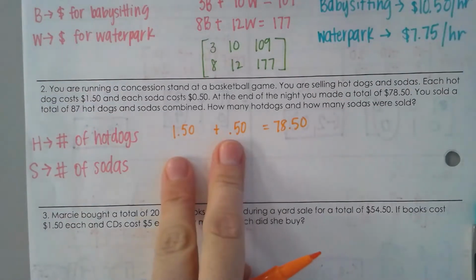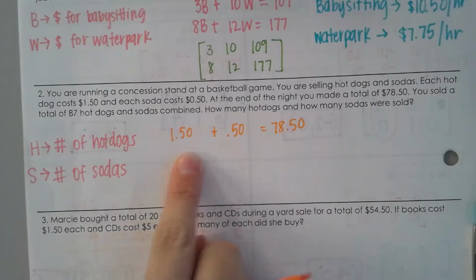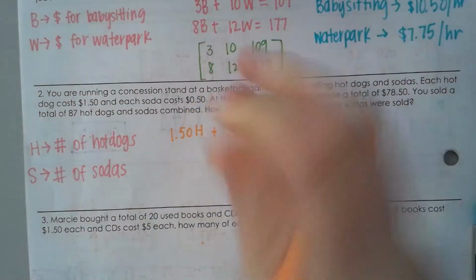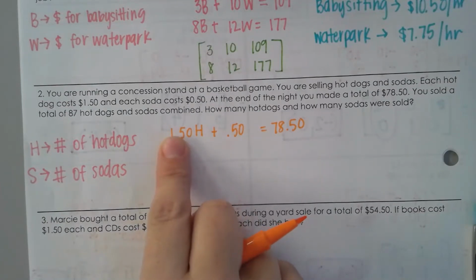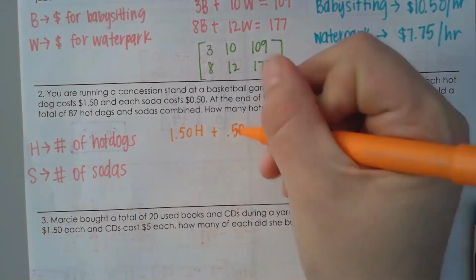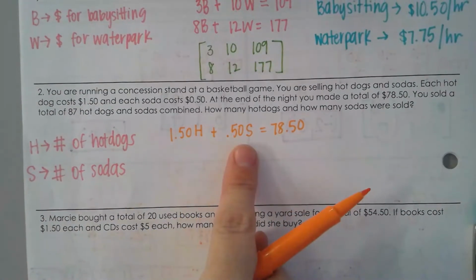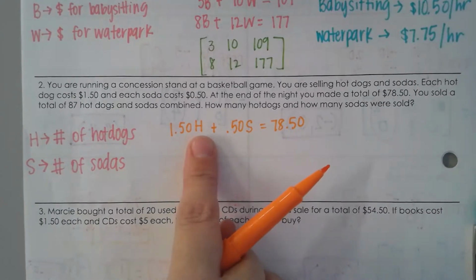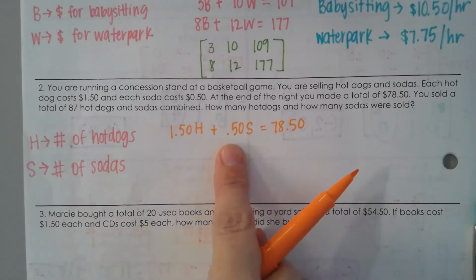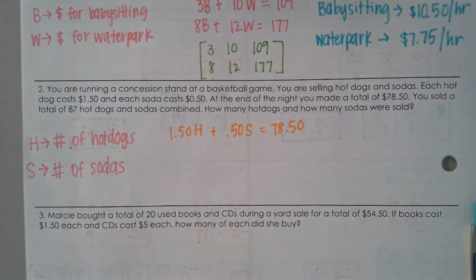Well, you're missing some variables. 1.50H, because you take the number of hot dogs times the $1.50, and then 0.5S. So be careful there. It's $1.50 times however many hot dogs, and then 50 cents times however many sodas, and we got $78.50 in our money box.